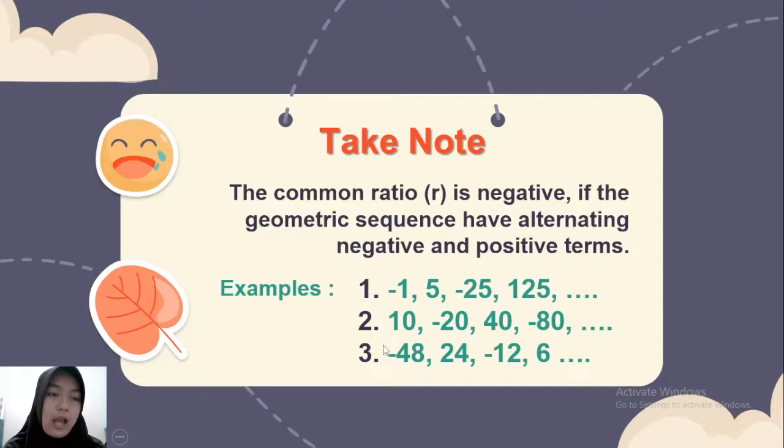And item number 3: negative 48, 24, negative 12, 6, and so on. These geometric sequences have alternating negative and positive terms. So, the common ratio is negative.